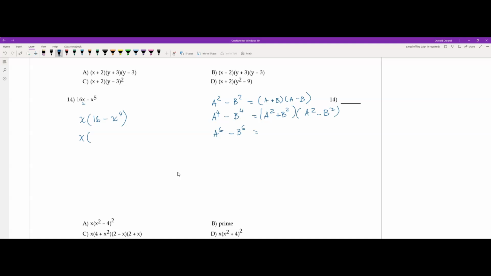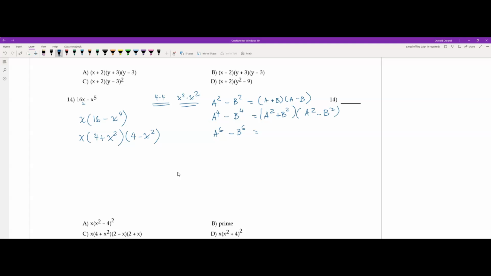So here 4 times 4 and x squared times x squared. 4 times 4 is 16, and then here x squared times x squared. Okay, so beautiful. That's why we know it's a perfect square. So I can write this as 4 plus x squared, and then 4 minus x squared.